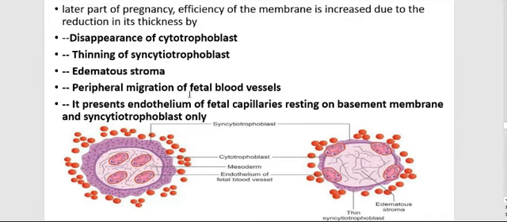The fetal blood vessels, which were in the middle of the villus, will start moving to the periphery. The endothelium of the fetal blood vessels rests on the basement membrane and is then only related to the syncytial trophoblast. We have removed the cytotrophoblast because we need as many nutrients and as much oxygen as possible to diffuse to cater for the demand of the growing embryo or fetus at that time.